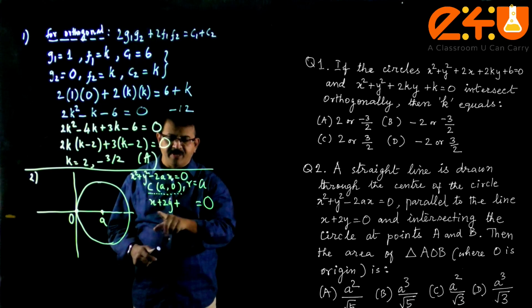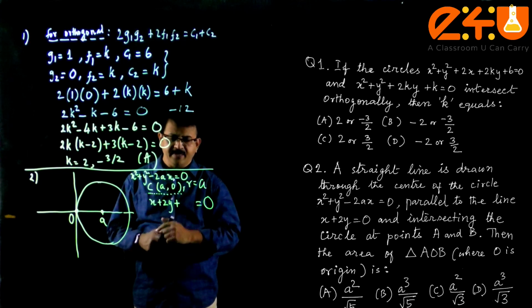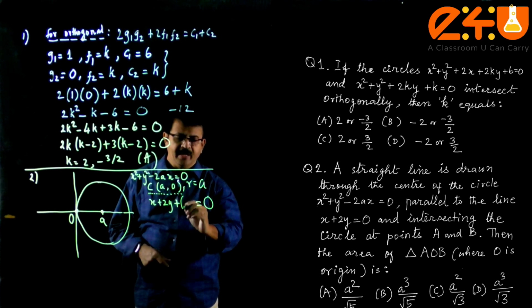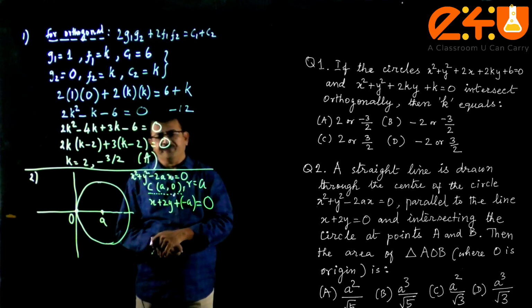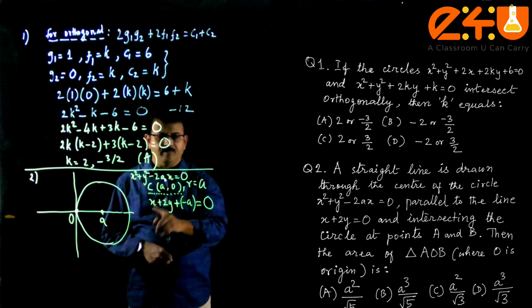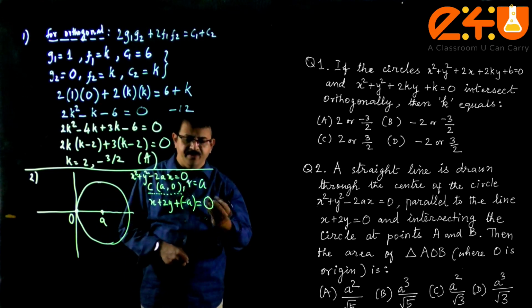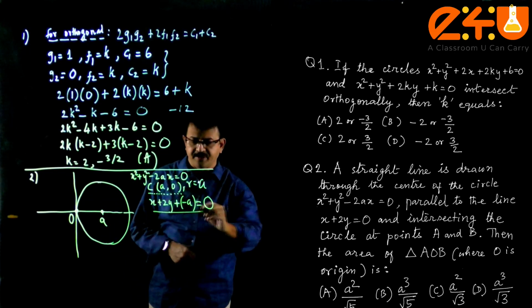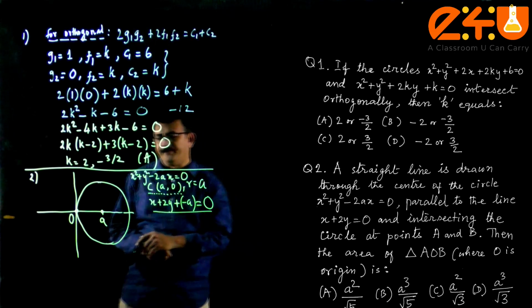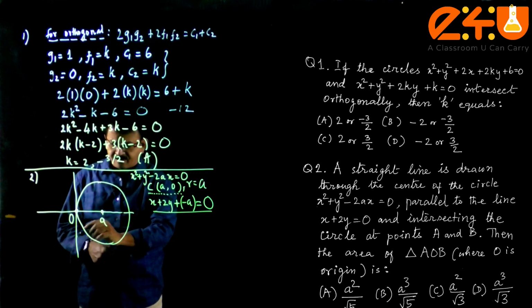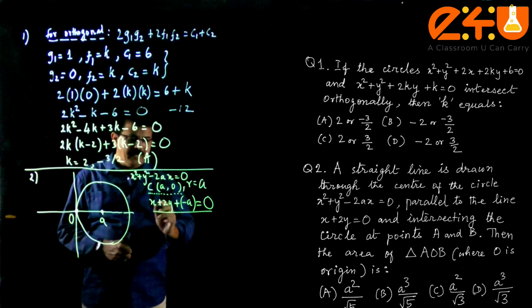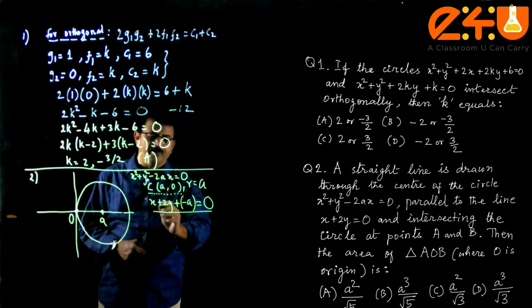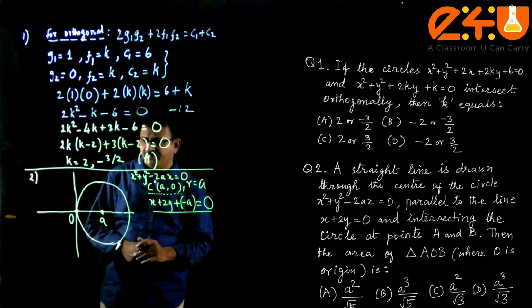Alright, so a plus 0, and plus something gives 0. So it has to be negative a. You can check now, a plus 0, minus a gives 0. So this is the straight line. Roughly, let me tell you, it has got the slope negative 1 by 2.